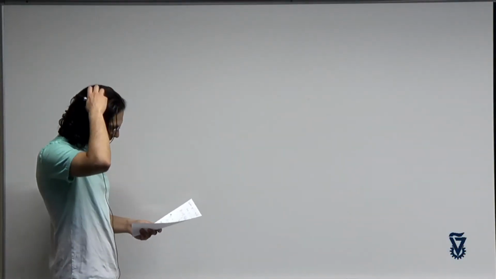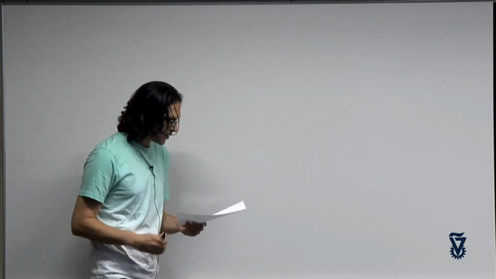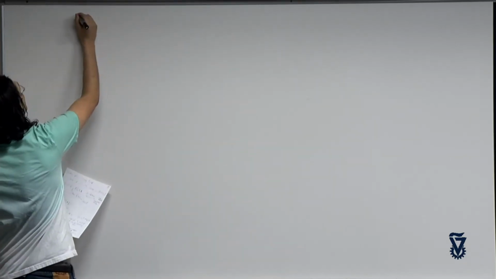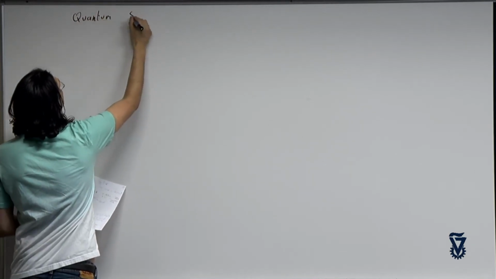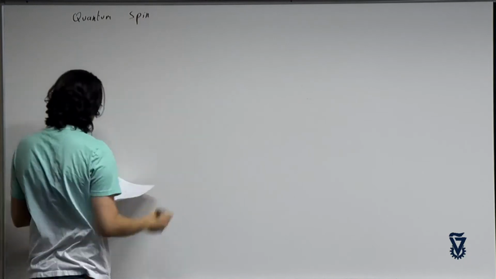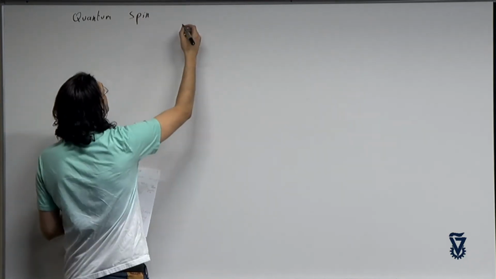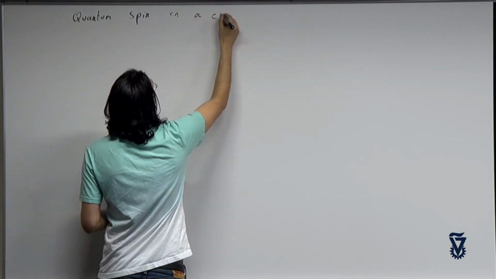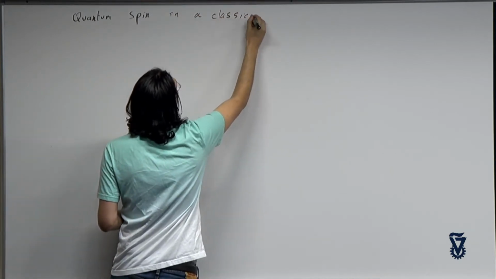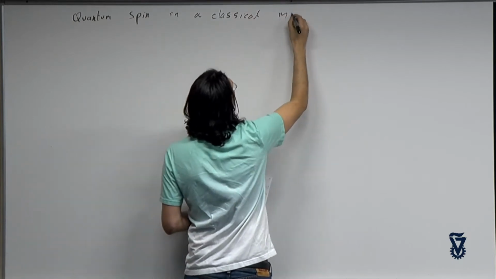Okay, all right, so let's continue. And like I said, what we're going to do is we're going to see that a quantum spin is going to behave exactly the same. So we're going to have a quantum spin in a classical magnetic field.